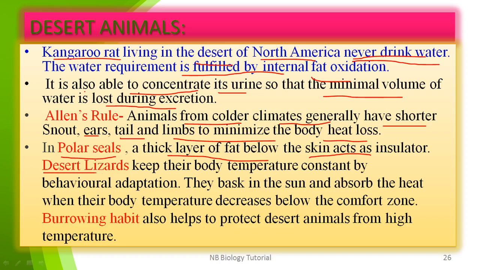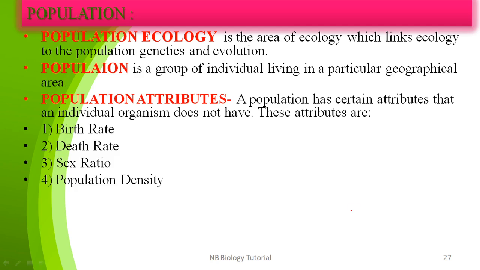In the desert, lizards keep their body temperature constant by behavioral adaptation. They bask in the sun and absorb heat when their body temperature decreases below the comfort zone. Burrowing habit also helps to protect desert animals from high temperature.